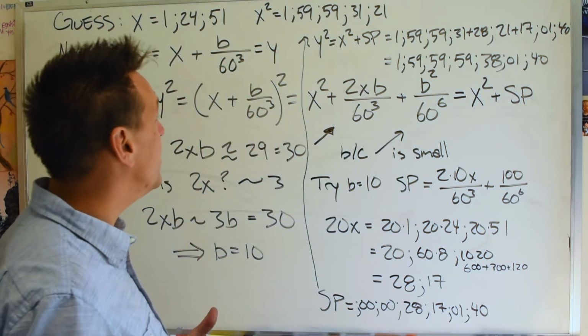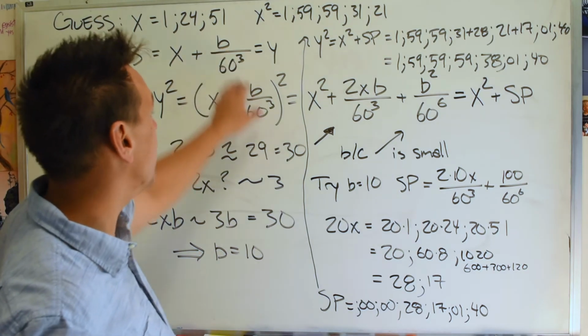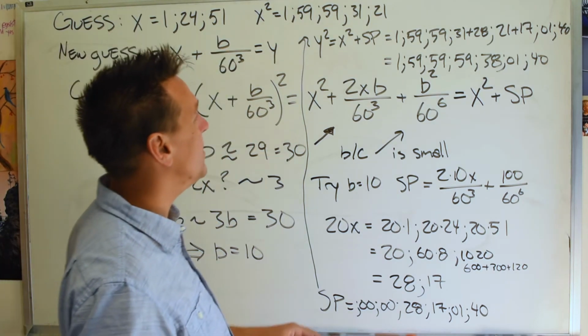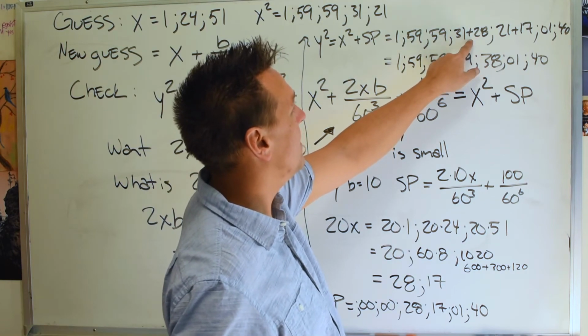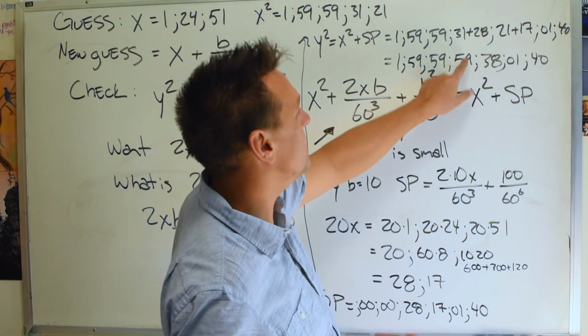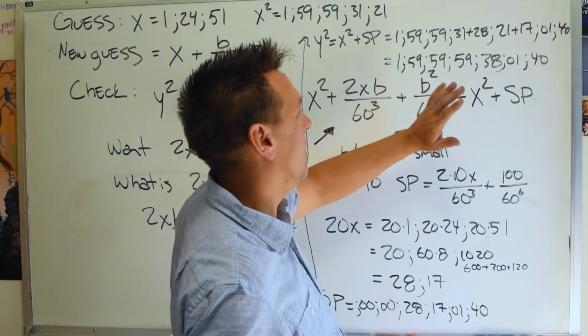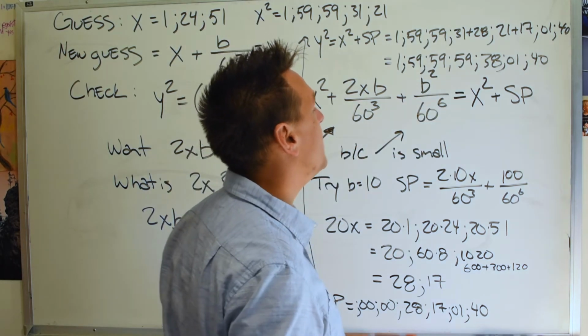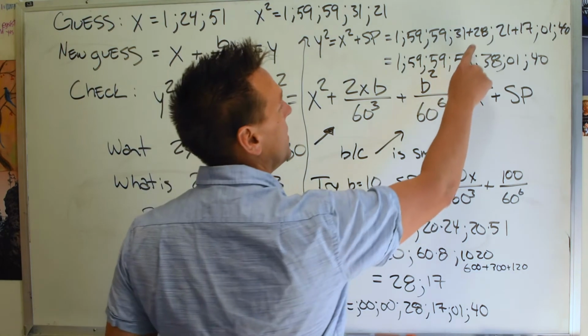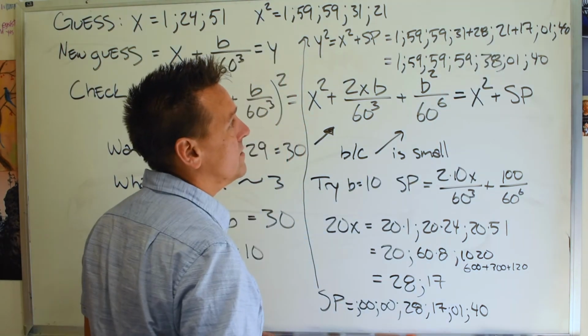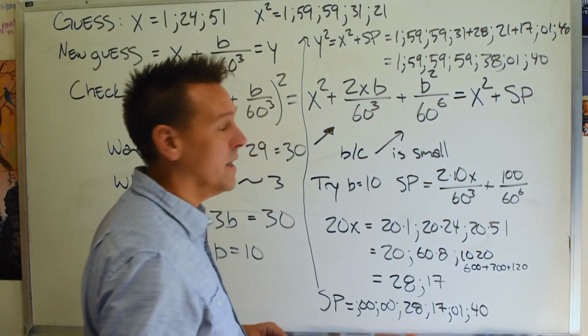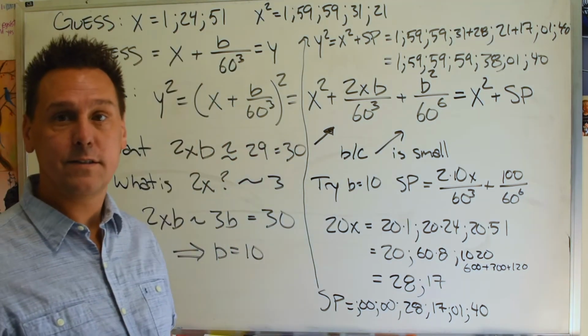I guess we could check what happens if b is 11 and see if we still end up under, but since we hit the nail on the head at 59 in that place that we're trying to work out, I wouldn't push it. I'm sure b is 10. Because if b being 10 gives you 28 there, another b is going to give you at least 3 or something like that. So let's go another place.